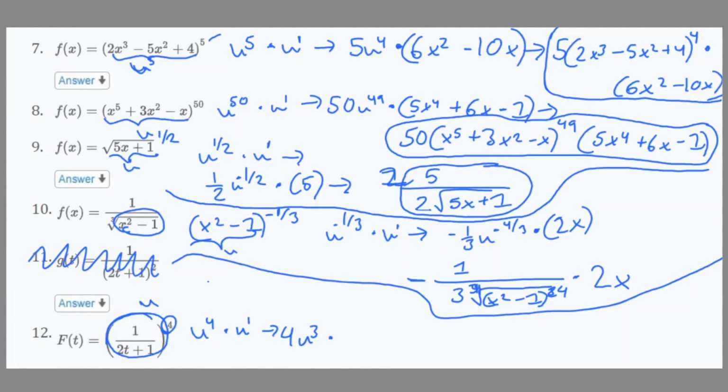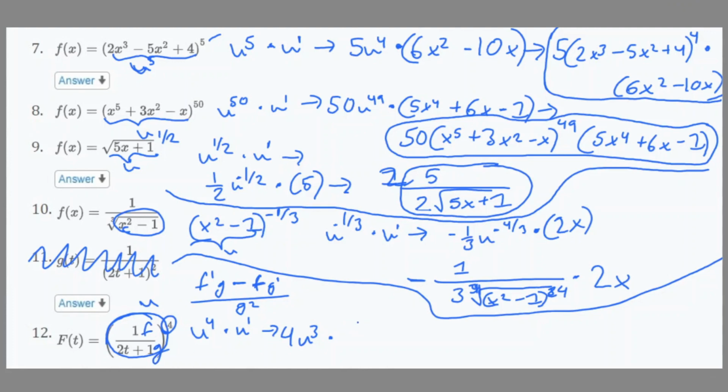For u prime, we have to use the quotient rule now. And the quotient rule, if you remember, is f prime times g minus f times g prime, over g squared. So this question is going to get a little bit messy. f is on the top and g is on the bottom.